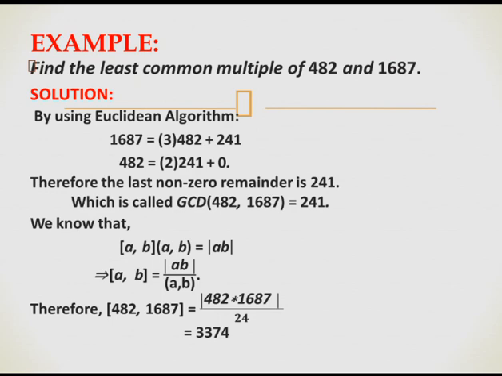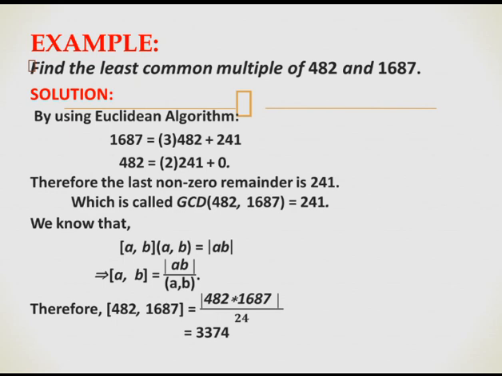By the previous example, using the Euclidean algorithm, we divide 1687 by 482, we get 241 as a remainder. We have to repeat this process until we get the last non-zero remainder. Therefore, the last non-zero remainder is 241, which is the GCD of 482 and 1687. We get 241 as the greatest common divisor.